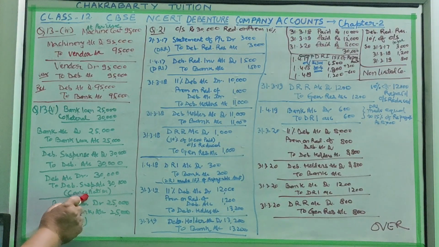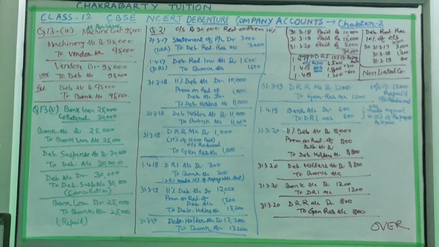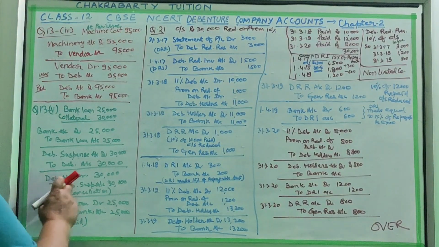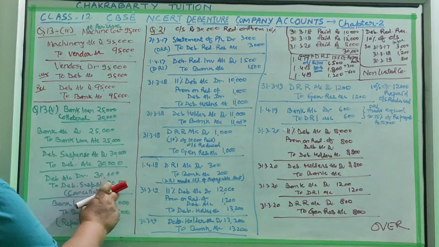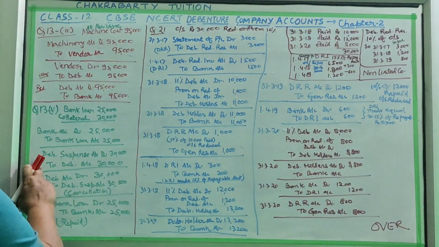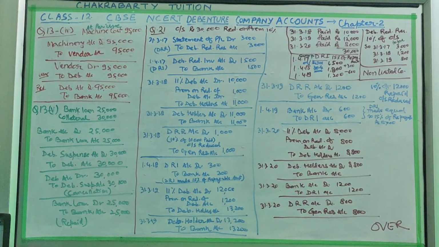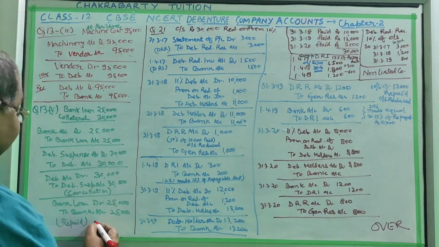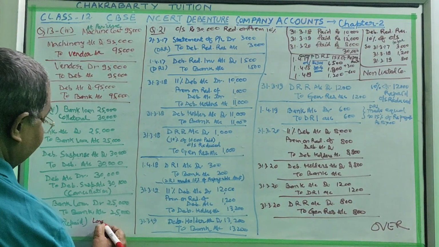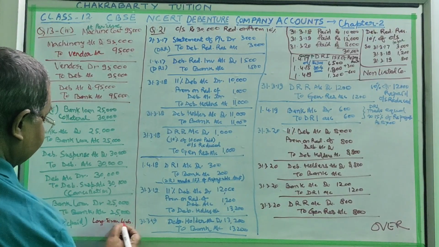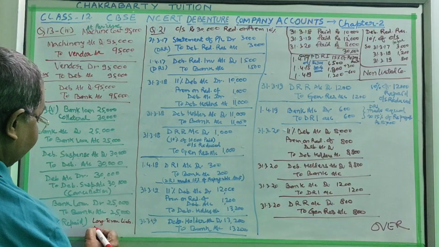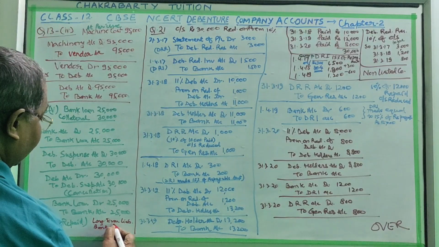So cancellation of collateral debenture. Now we will debit the debenture account and credit the debenture suspense account. These collaterals you have to show in the balance sheet on the long-term liabilities side. In the long-term liabilities, bank loan will come. Bank loan you will write.